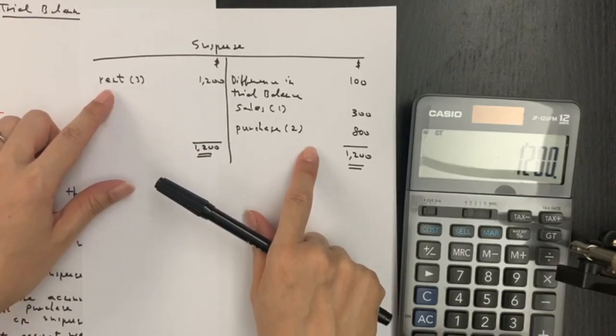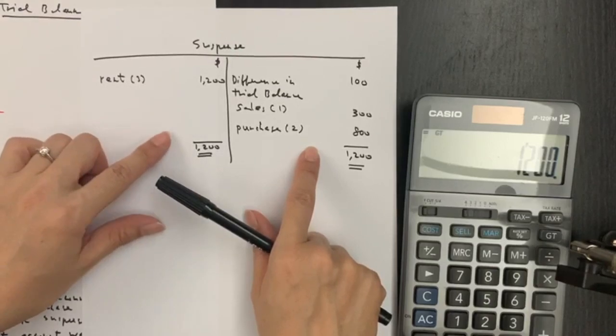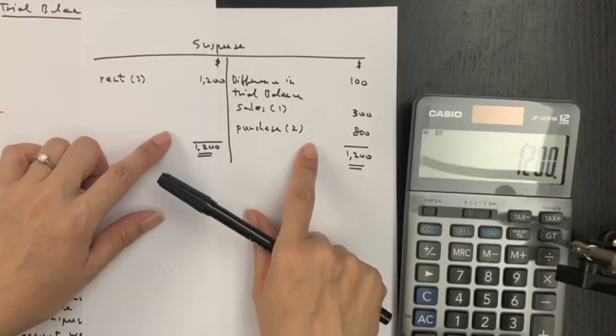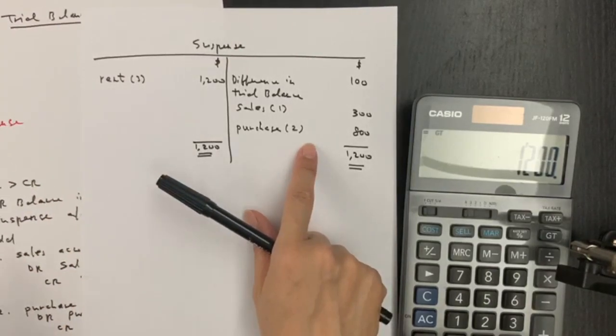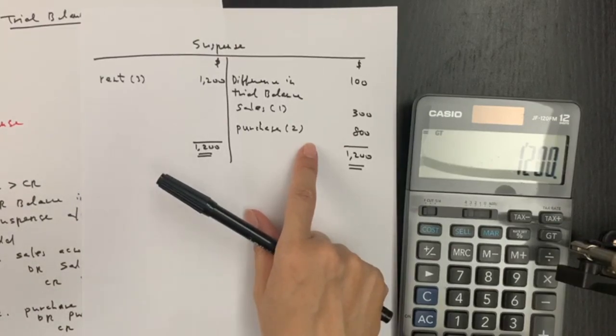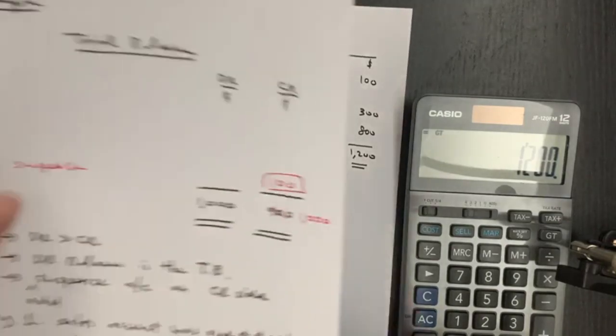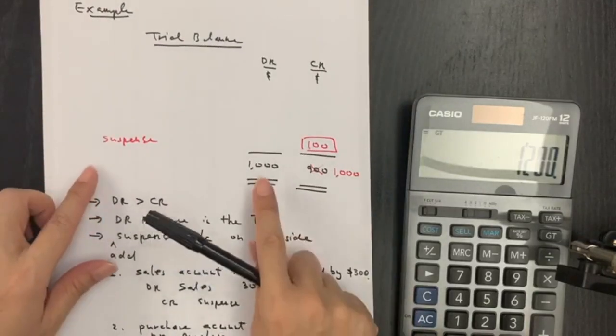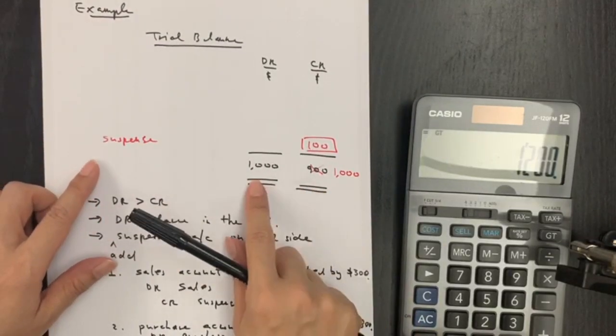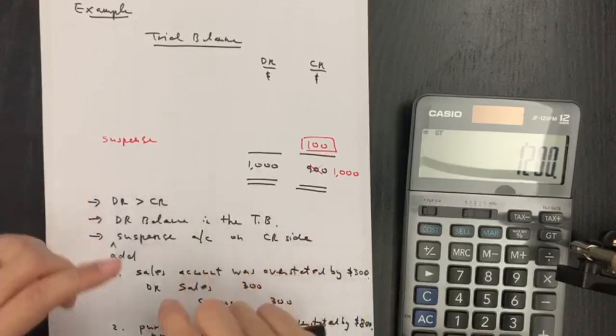After we have finished all the correction of mistakes and correction of errors, we have nothing left in the suspense account, and then we can clear the suspense account. That's why the suspense account is only a temporary account for recording the difference in the trial balance before we find out the mistake and do correction of error.